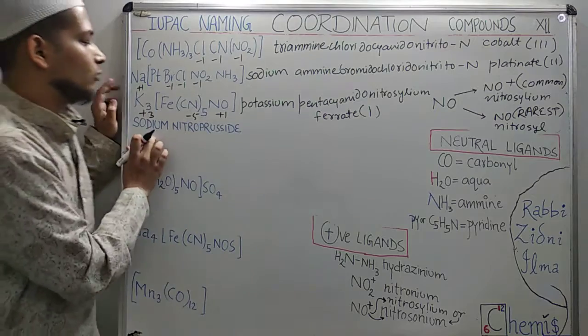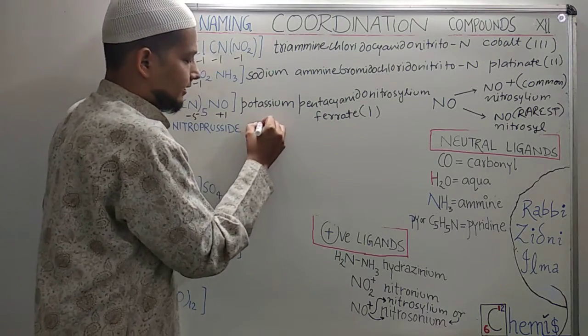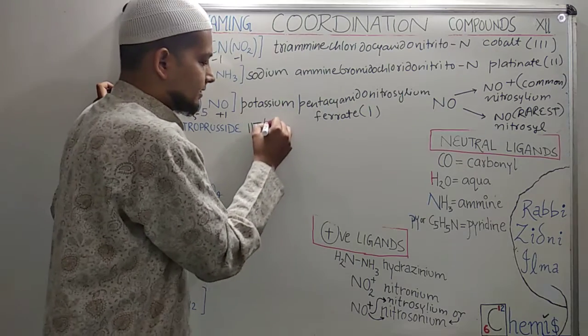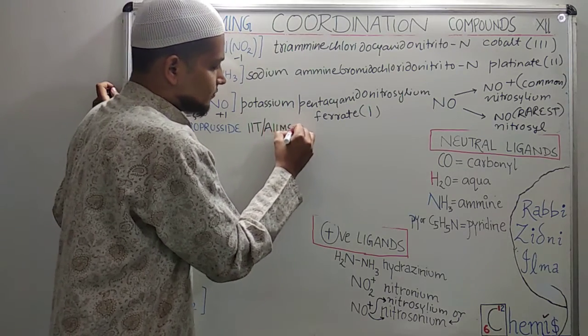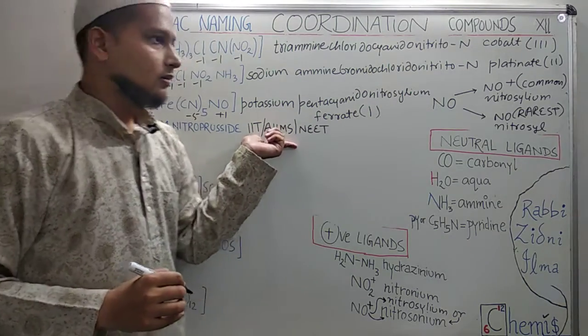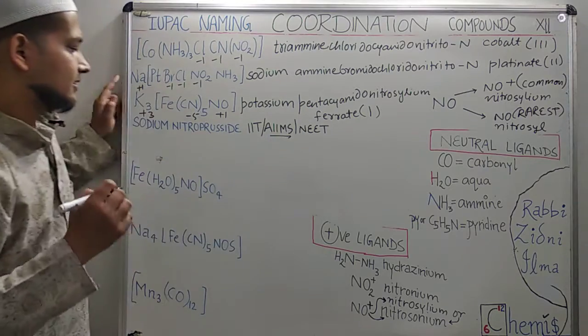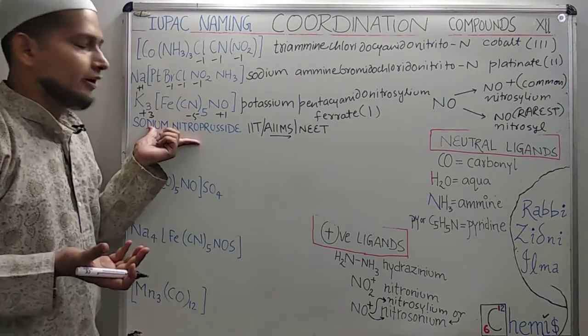Now moving on to sodium nitroprusside. The question has been asked in the IIT, as well as AIIMS, as well as NEET. In all the 3 exams, in AIIMS, it was asked what is the structure of sodium nitroprusside.